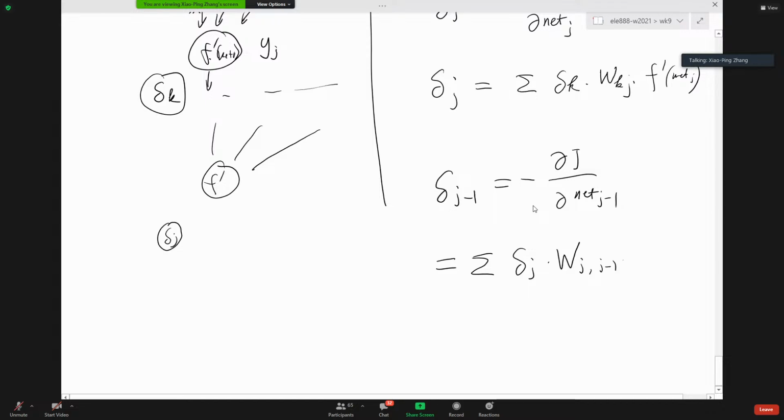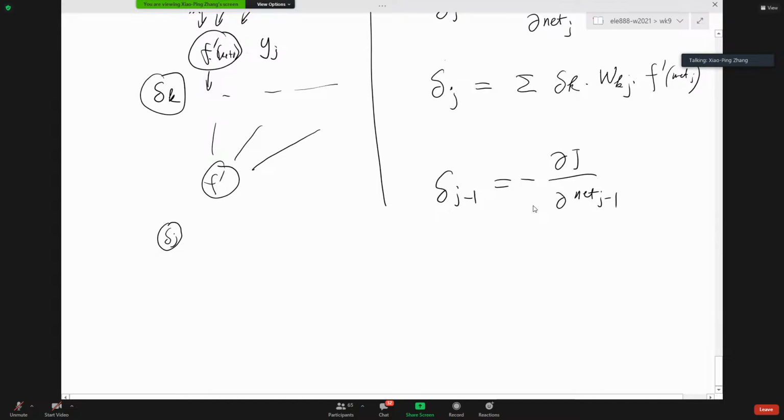Okay, let me see. It's actually, if it's multiple layers, I shouldn't use this notation. Okay, let me make it clear. There's a little bit of a problem here.